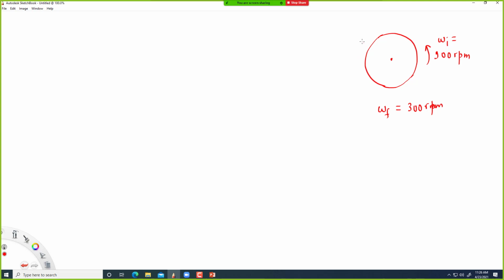While it makes 50 revolutions. Okay, so delta theta, during this slowing down of angular velocity from 900 to 300, it makes an angular displacement of 50 revolutions. So we want to find angular acceleration, and the time for this to cover that many revolutions.